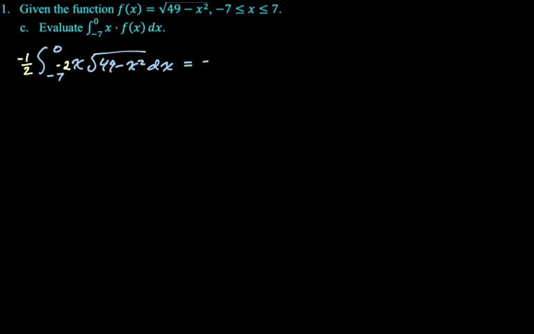So we'll get negative 1/2 and then plus 1 times the reciprocal. So the exponent will be 3/2. So 2/3 the quantity 49 minus x squared to the 3/2. And then we are going from negative 7 to 0. When we plug in 0, so this is negative 1/3 because negative 1/2 and 2/3.